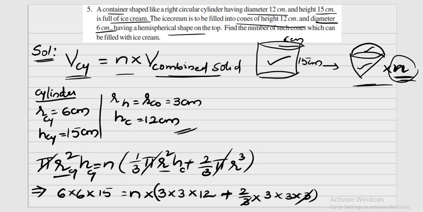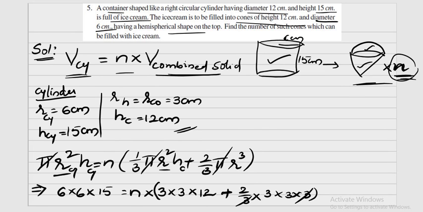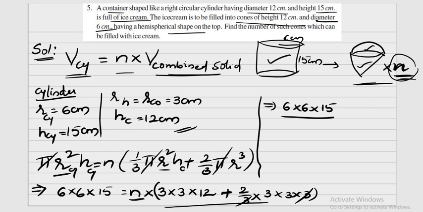So the 1 3 gets cancelled. Now here, don't cancel anything, simply write it down: 6 into 6 into 15. Since I need n, I can directly transpose everything to the other side. So it becomes divided by 3 into 3 is 9, 12 nines are 108, plus 3 3s are 9, 9 2s are 18, which is equal to n.